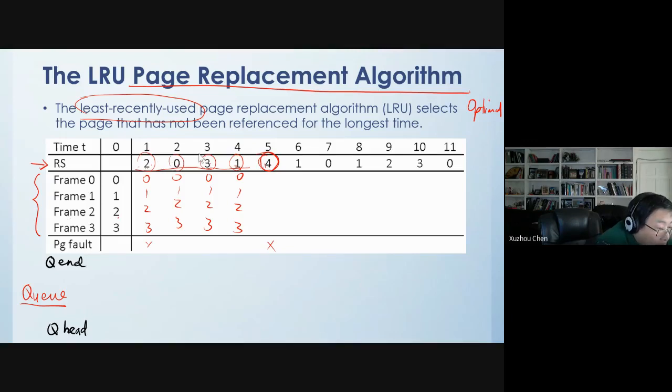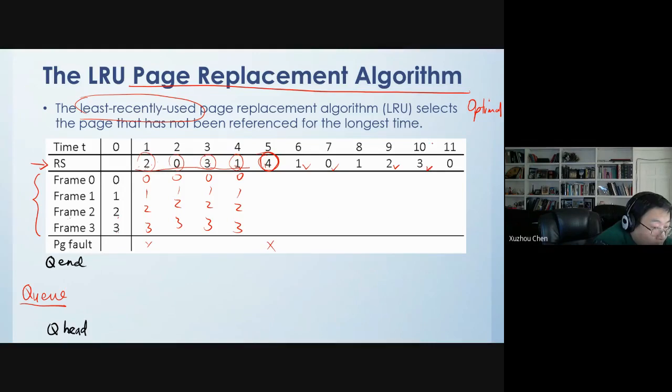Okay. So we check each of these. 0 will be called over here. And 1 will be called immediately. And 2 will be called here. And 3 is the farthest, right?